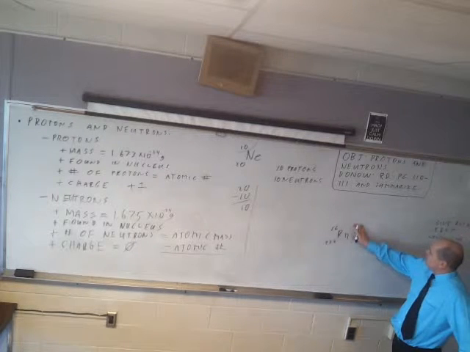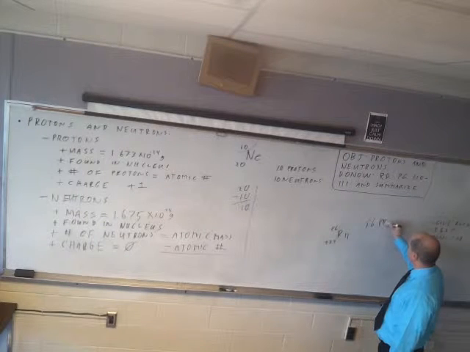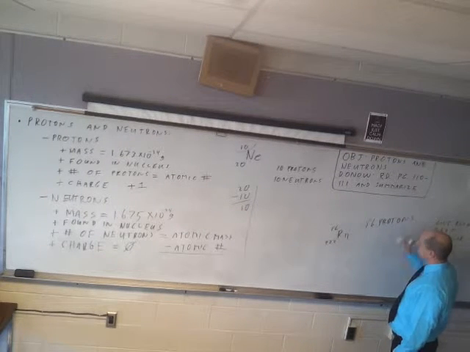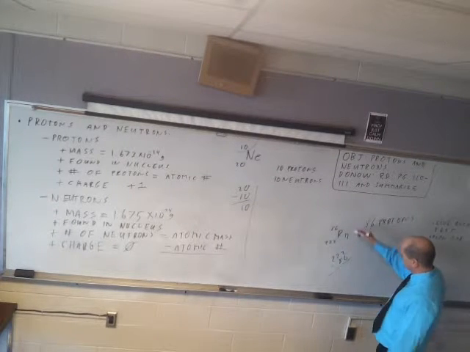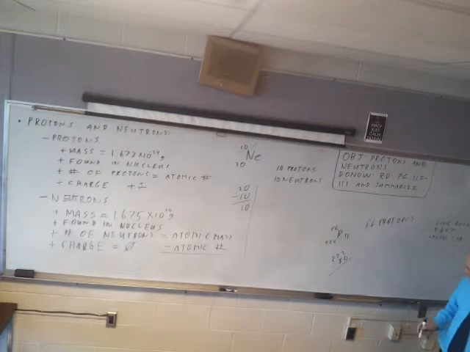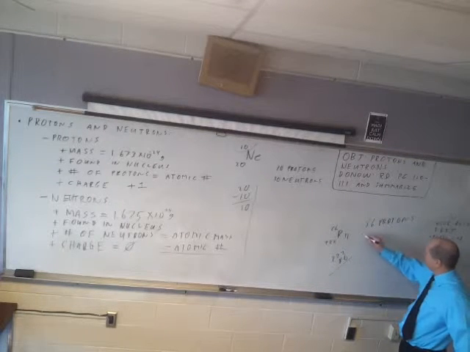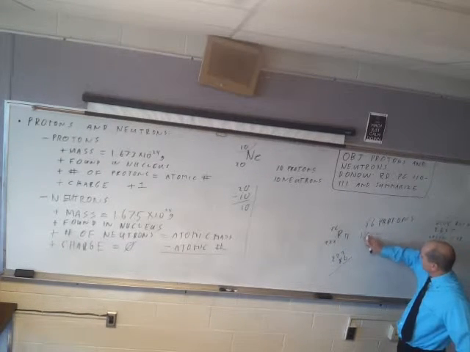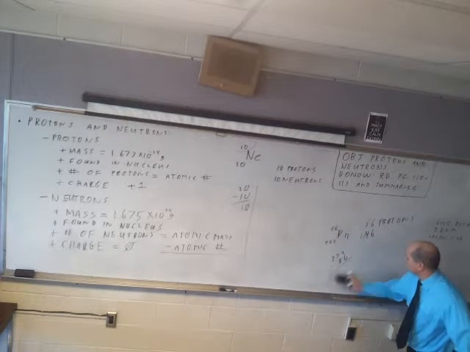Okay, so how many protons? 86, right? And then to find neutrons, it's going to be 222 minus 86. So what's that come out to? 146? Actually, I think it's 136.